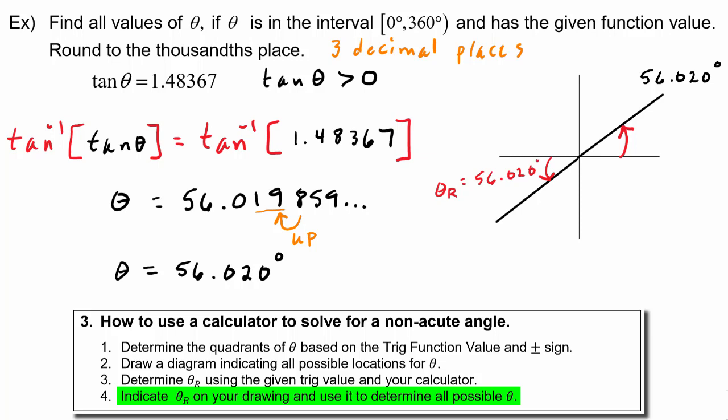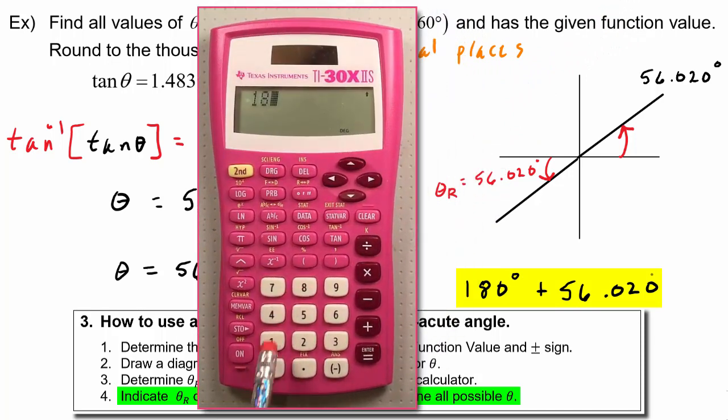And to find this second angle, we will do 180 degrees plus the reference angle. So if we enter 180 plus 56.020, you see that we will get 236.02.